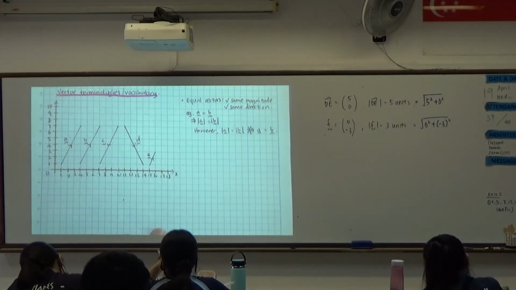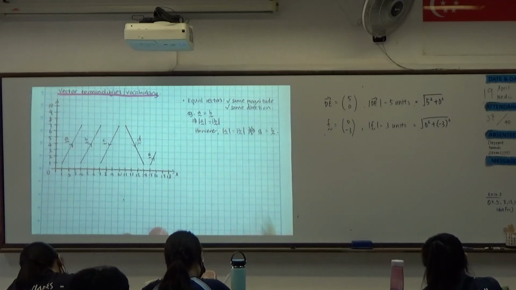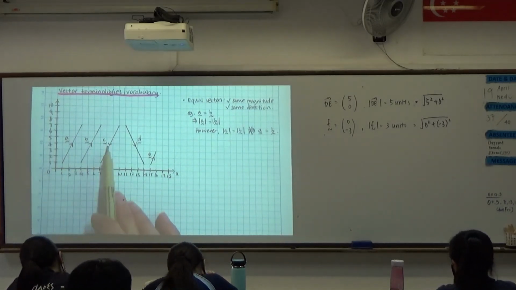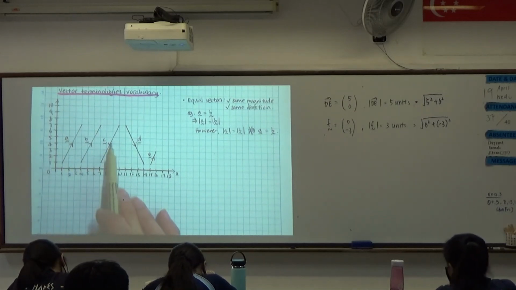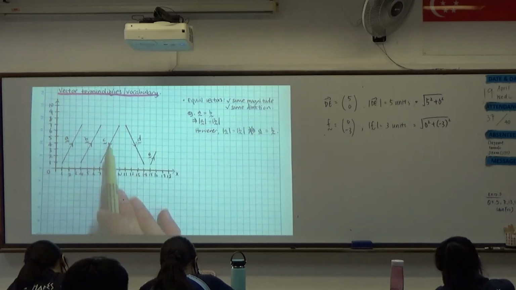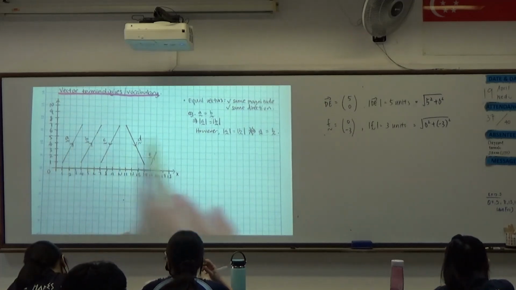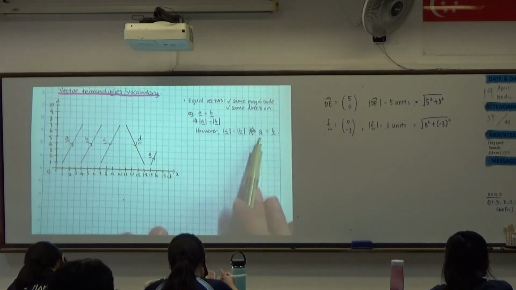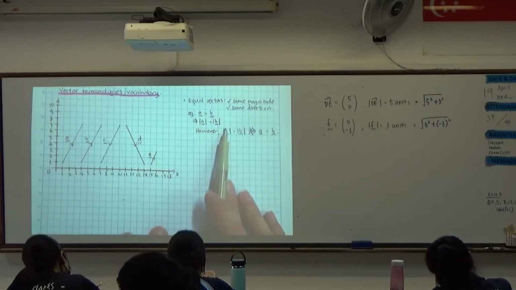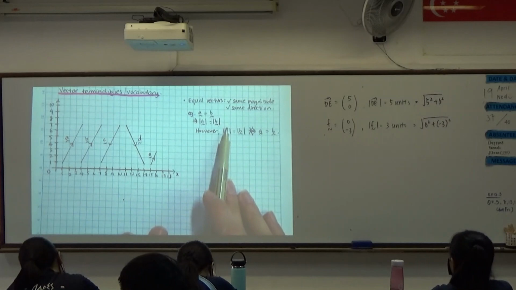That means to say that, for example, we see that C, B, and A, they are definitely equal in magnitude, but we know very well that C is not equal to B, neither is C equal to A. So having the same magnitude doesn't mean that we have equal vectors, but having equal vectors will mean that it is the same magnitude.